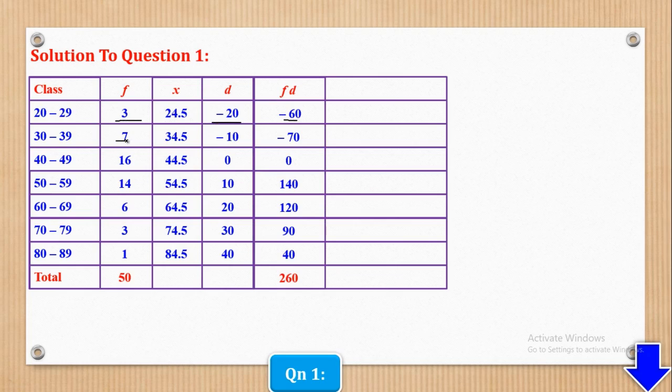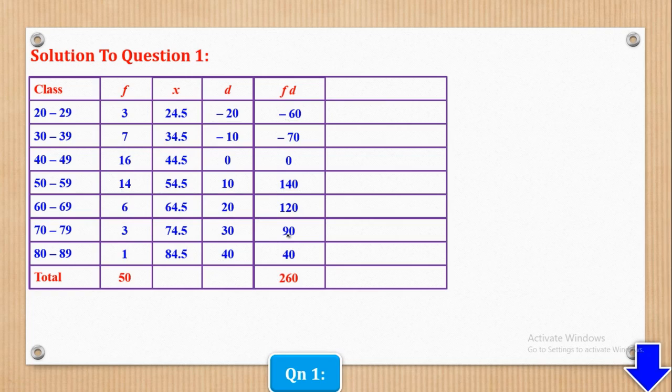Then 7 by negative 10, I'll come up with negative 70. 16 by 0, I'll come up with 0. 14 by 10, I'll come up with 140. 6 by 20, I'll come up with 120. 3 by 30, I'll come up with 90. And 1 by 40, I'll come up with 40.